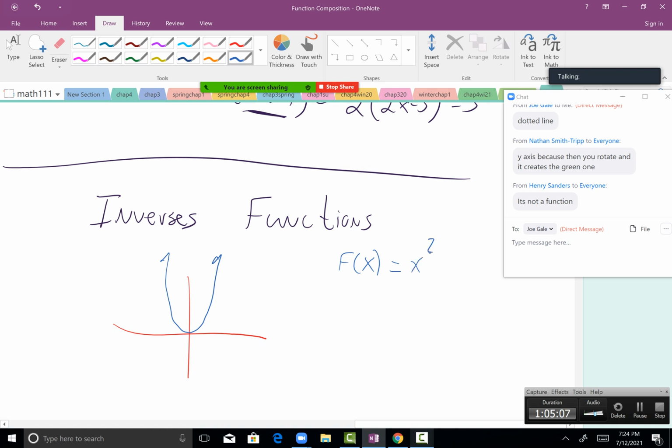And we said we're going to reflect that over this line, which, by the way, is y equals x. It goes right down the middle. And now we're going to do a reflection so that it looks like this.